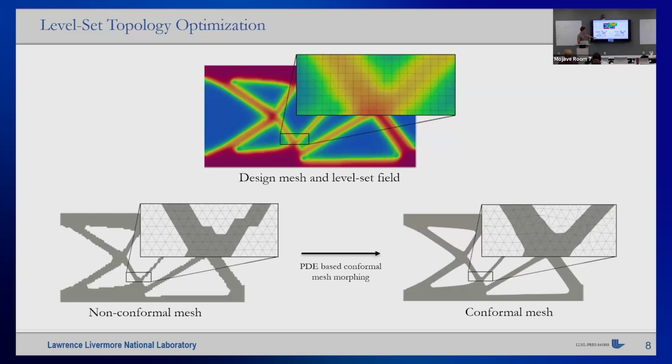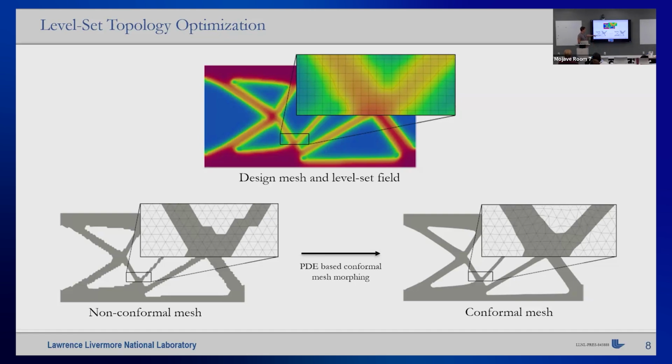And then we have a second mesh, which is the analysis mesh, and that's a completely different mesh. This mesh can, in theory, change in every design iteration. We could perform some AMR here if it's useful. But the idea basically is to start with a mesh which is simple to produce, like this tensor triangular grid, and then morph the mesh into a conformal mesh.